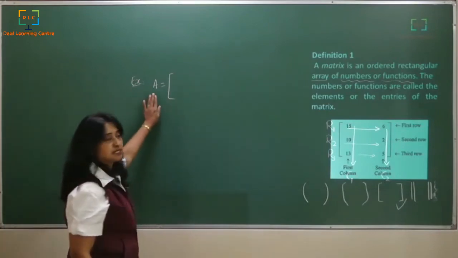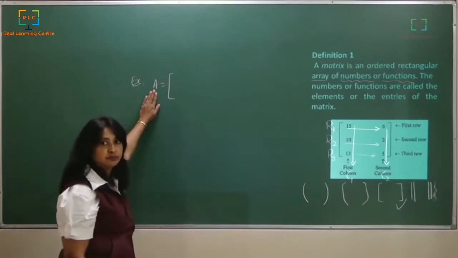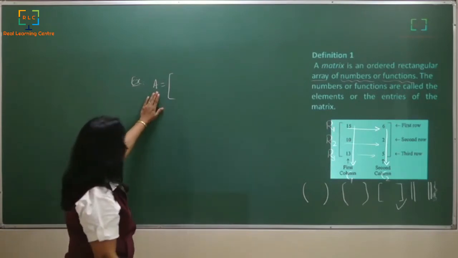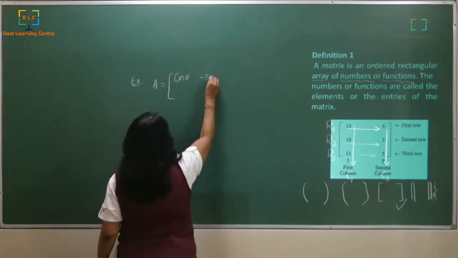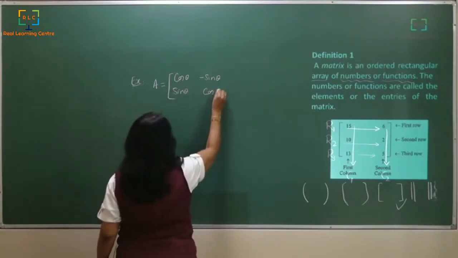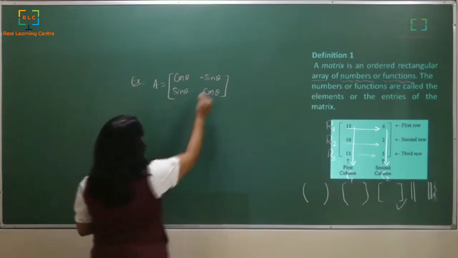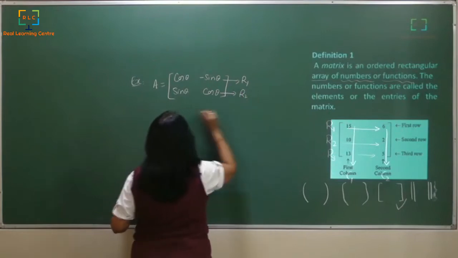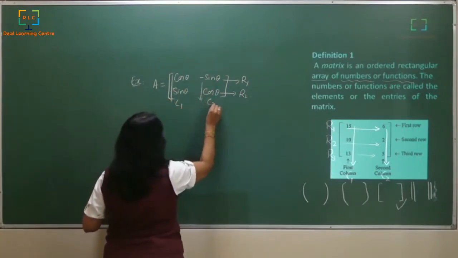Coming back to the example we were discussing, every matrix is denoted by a capital alphabet. A equal to, it may be A, B, C, D, anything, and the elements may be cos theta, minus sin theta, cos theta. This is a matrix which has row number 1 with these elements, row number 2, and this is column number 1, and this is column number 2.